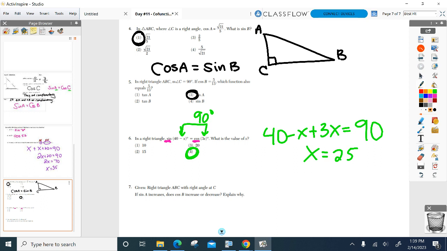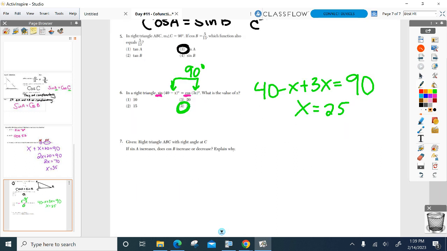So, same diagram I've been using. Angle C is the right angle. If the value of sine A increases, what happens to cosine B then? Go ahead, you guys can chat it up a little bit. If sine of A increases, what happens to the cosine of B?